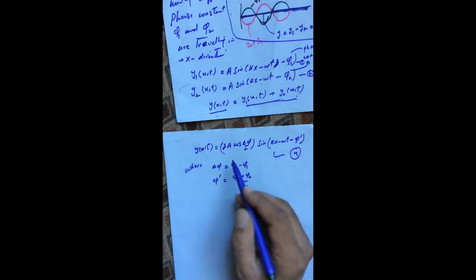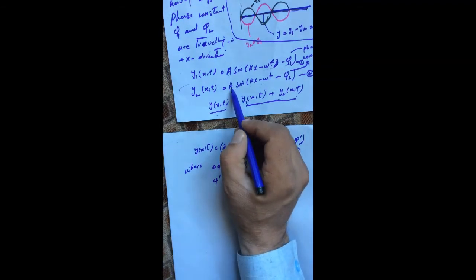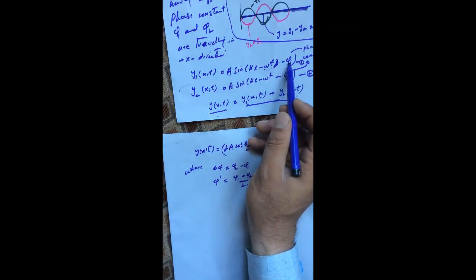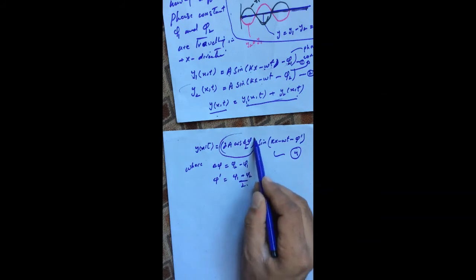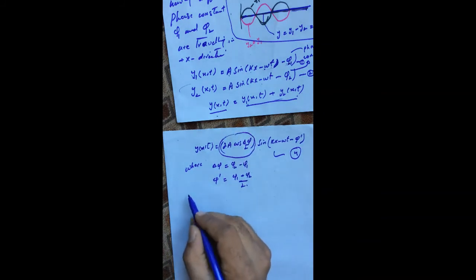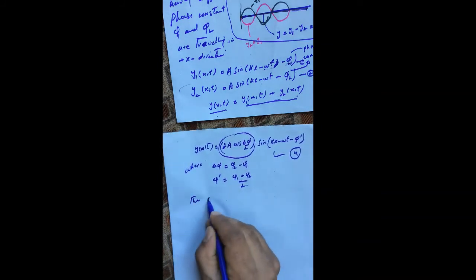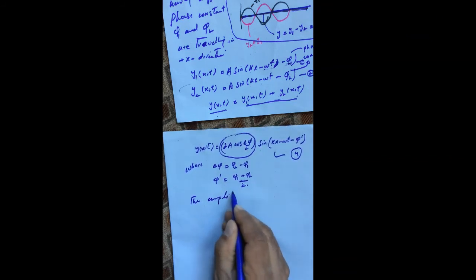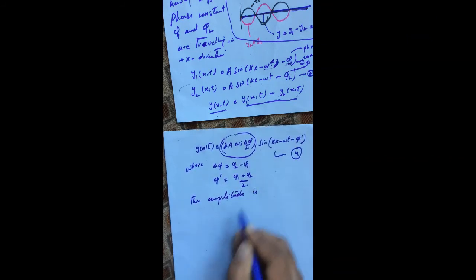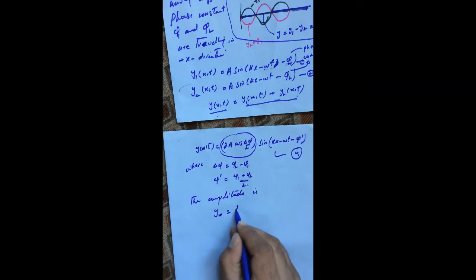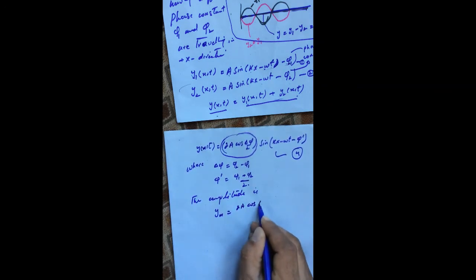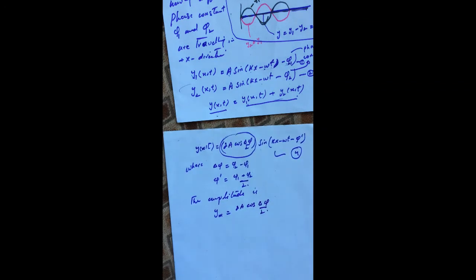Earlier the amplitude was a, but here the amplitude of the resultant is ym, which is 2a cos del phi over 2.